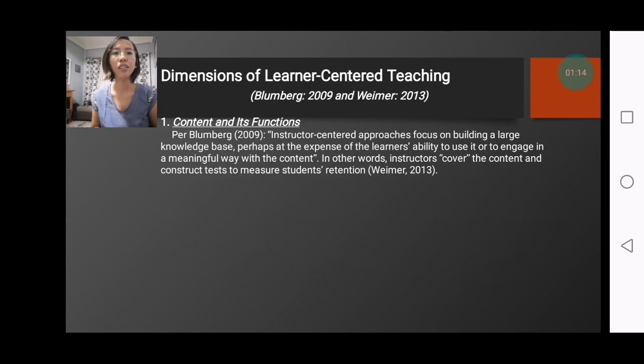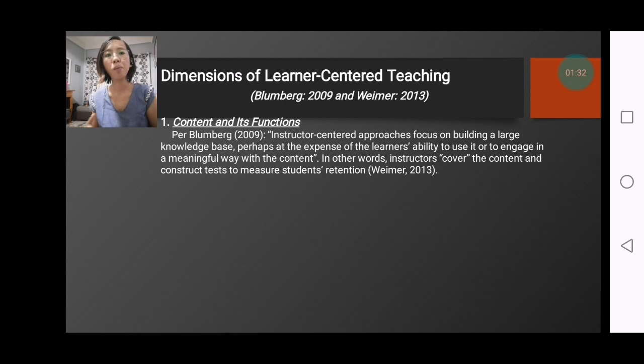So the first dimension of learner-centered teaching is on its content and functions. So these, by the way, and the next to follow are according to Blumberg of 2009 and Weimer of 2013.